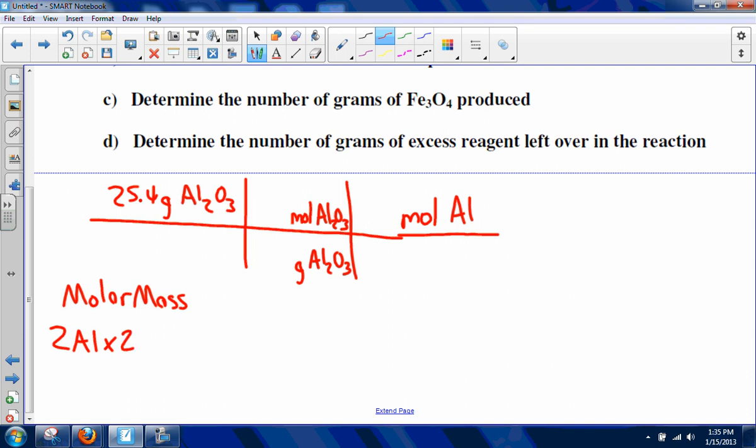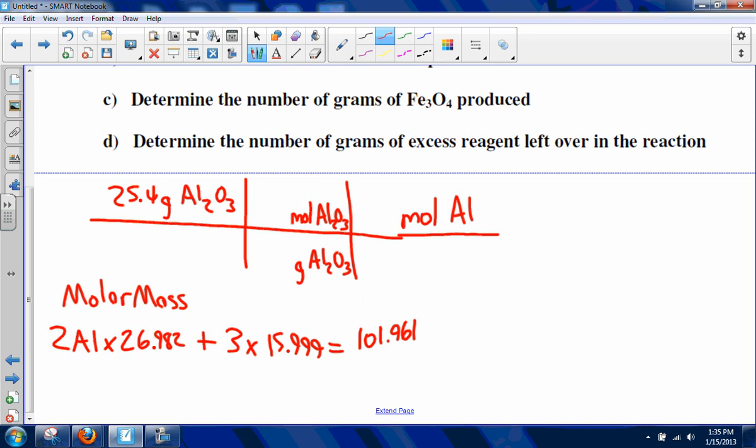Okay, it's 26.982. Plus, I've got 3 oxygens. So that's 3 times 15.999. I multiply and add, and what do I get? 101.961.